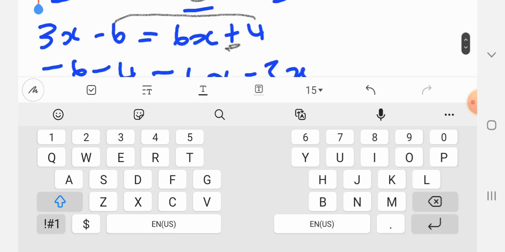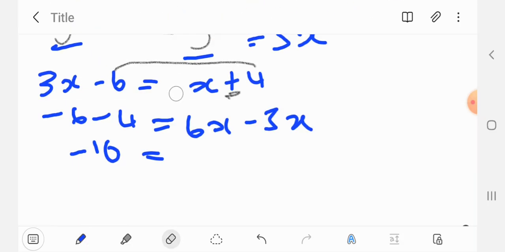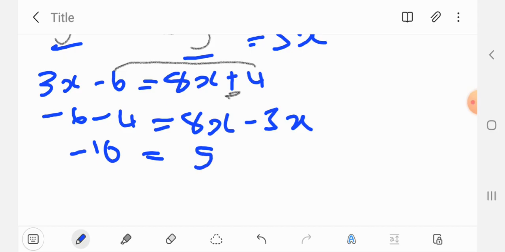And then we also need to erase this and this to make it 8x plus 4. So I will erase it here as well. So we say 8x minus 3x, that will give us 5x.